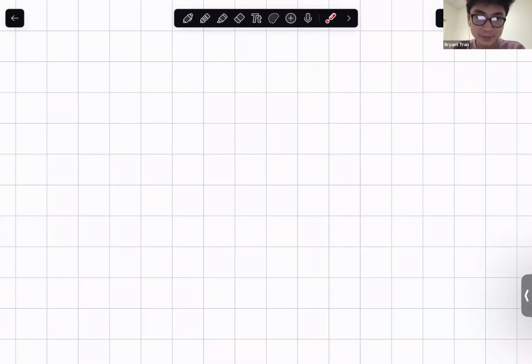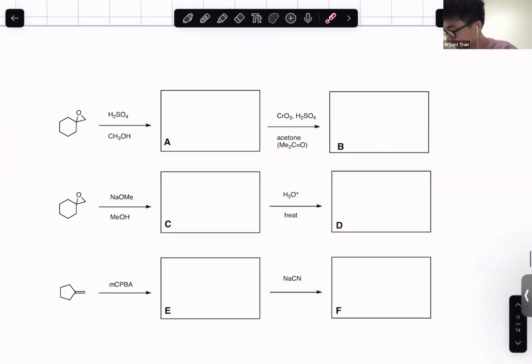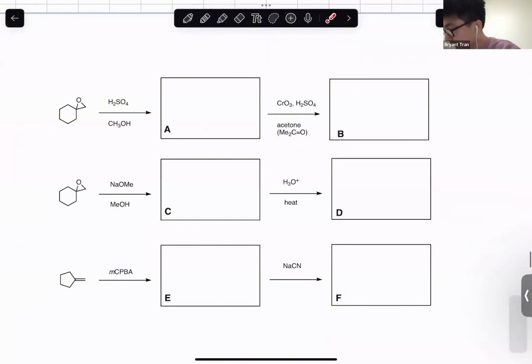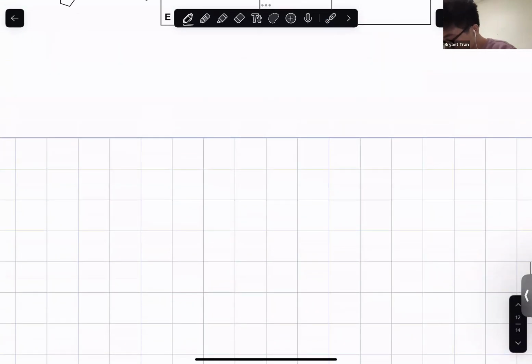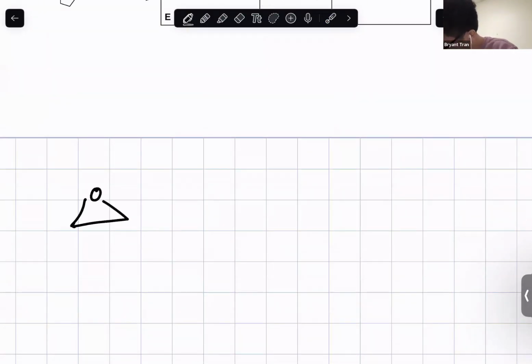So, before we get started with these problems, these are working with epoxides, right? This first question here. Let's say this is one, this is two, and this is three. Just in general, let's say that we have this epoxide, which is a three-membered ring, where one of the atoms is the oxygen and two other atoms are carbons.